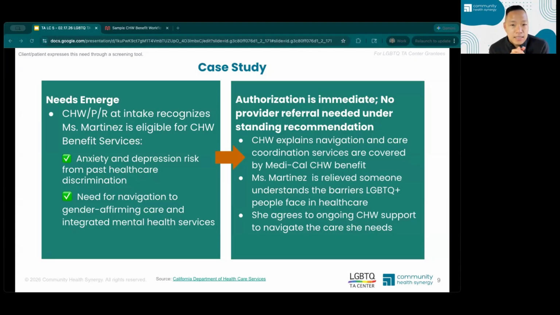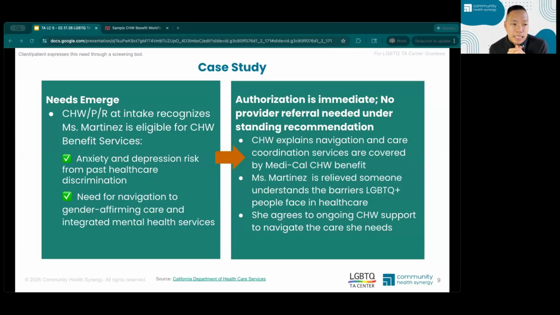So, in this case, the CHW explains how navigation services, such as identifying and locating a gender affirming care provider, and also care coordination, just ensuring that appointments are being made and completed and any follow-up care is conducted.